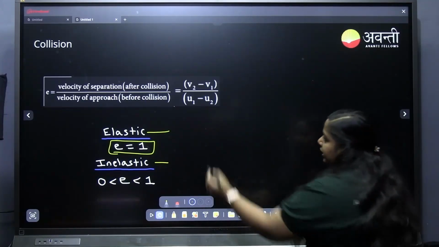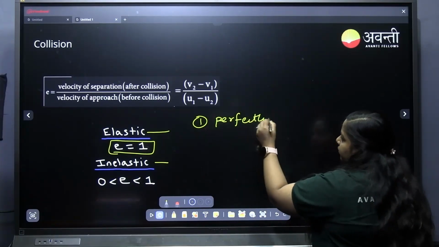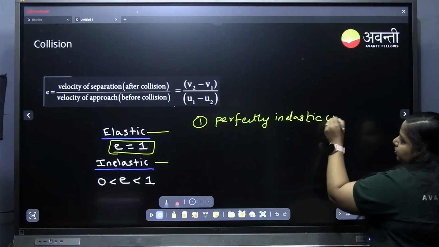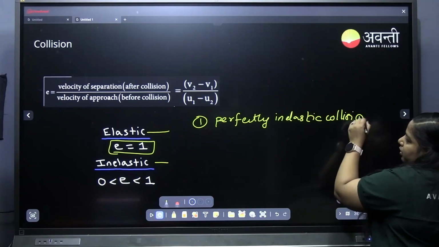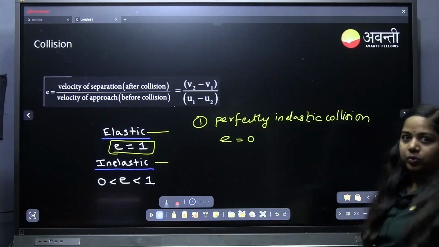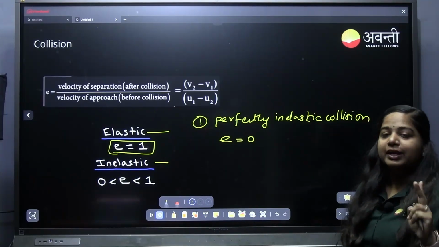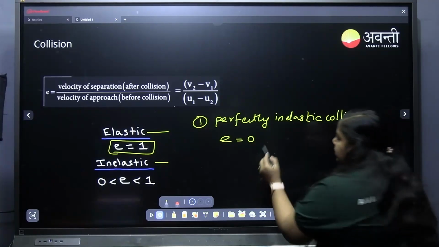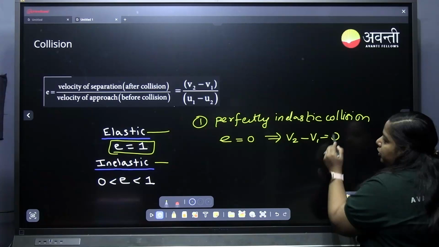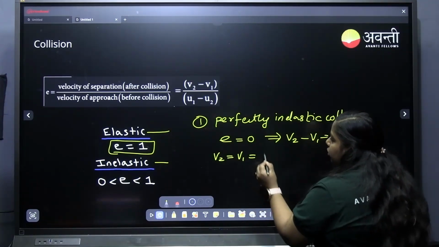One more case is there, that is perfectly inelastic collision. In this case, the value of E will be 0, which means v2 minus v1 will be 0. This implies v2 minus v1 equal to 0, that just means that v2 equal to v1 equal to v.